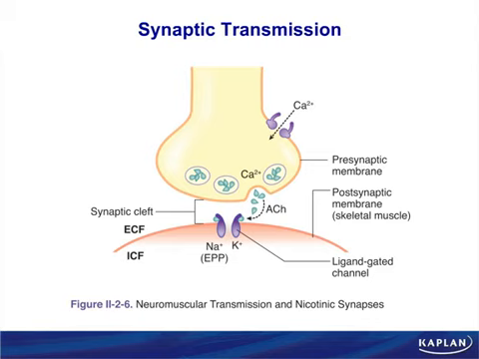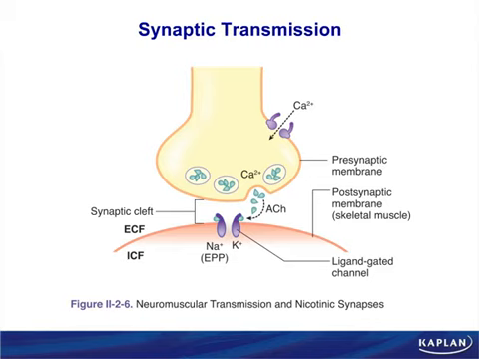So we're going to open multiple nicotinic receptors, which is going to produce multiple EPPs. Think of an EPP as a subthreshold stimulus. Remember that those can summate. So if I get quite a bit of acetylcholine, I'm opening quite a few nicotinic receptors all together.